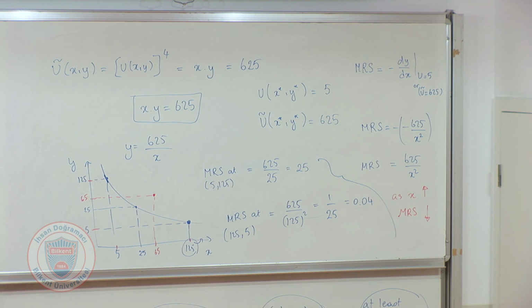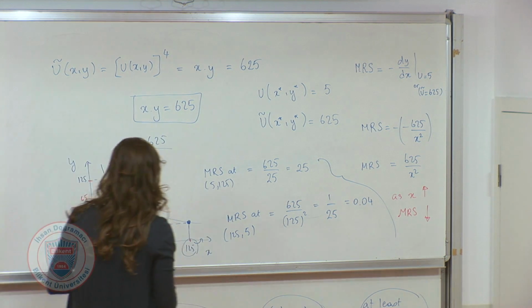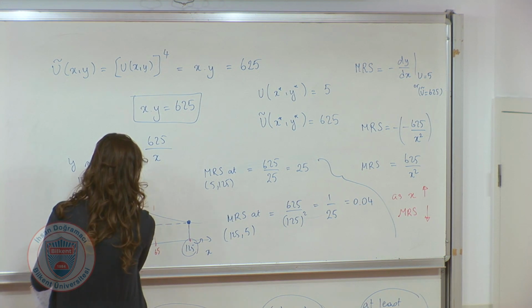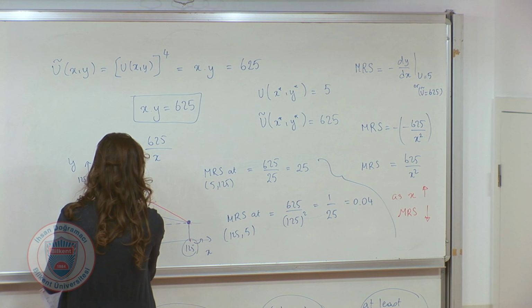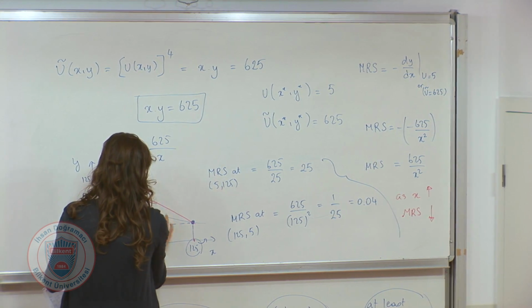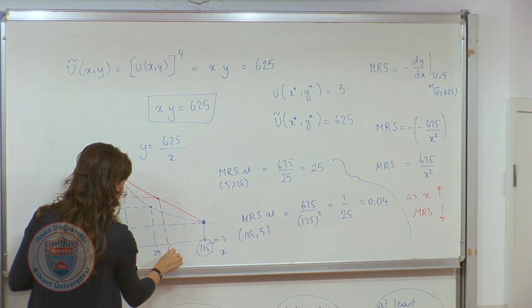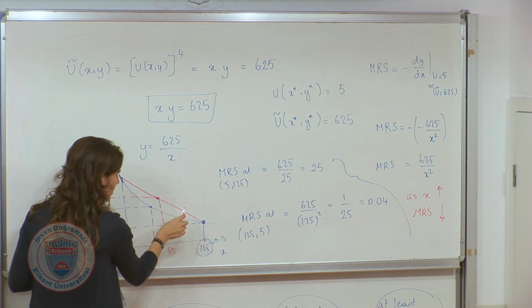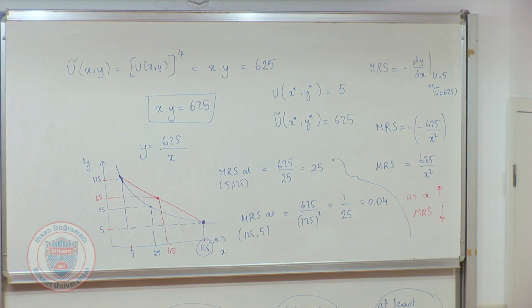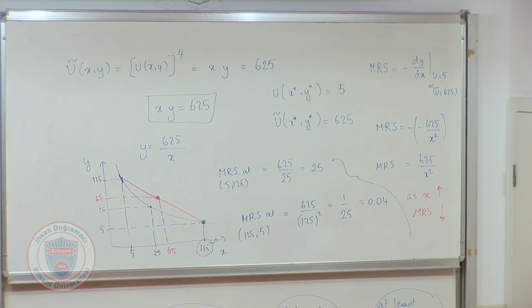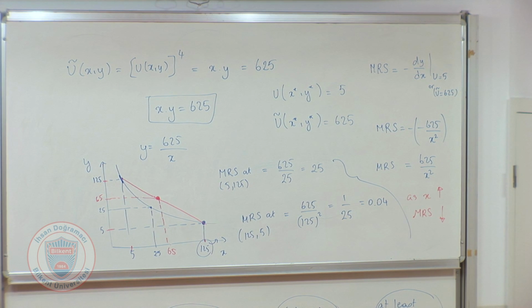Now, let's also see this. So let me put it like this because it should be right here. So I can actually have this here. If you don't draw things properly, then you might have a bit of a problem, right? So suppose it's here. Now how can I show that these indifference curves are strictly convex?